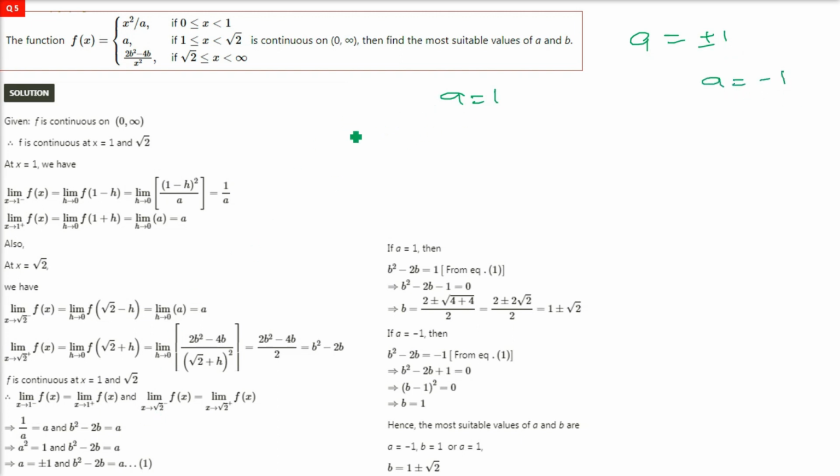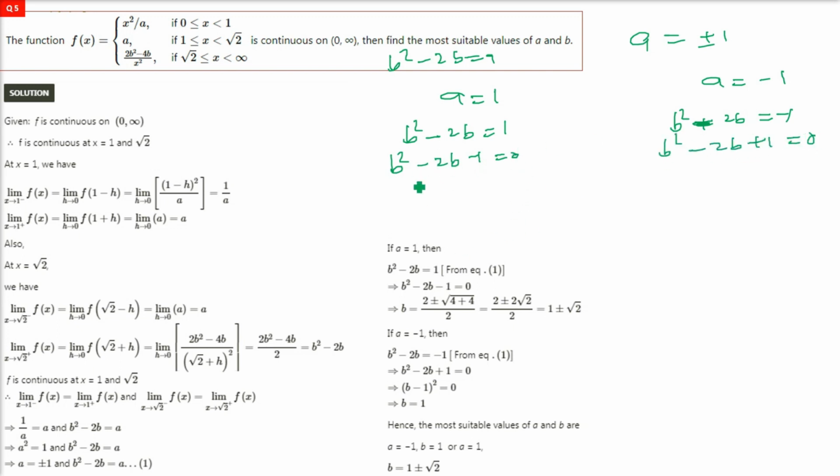Since already b square minus 2b equals a, so b square minus 2b is equal to 1. And b square minus 2b equals negative 1. So b square minus 2b minus 1, you will not get a proper factorization here. But here you can factor b square minus 2b plus 1.